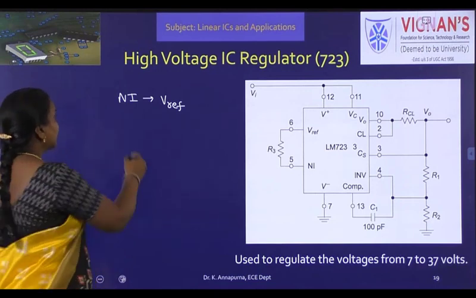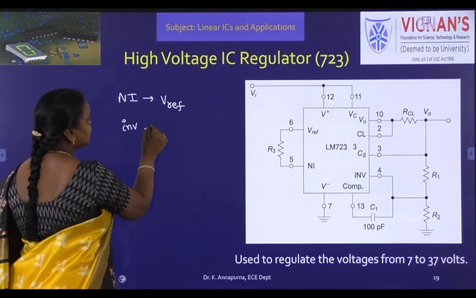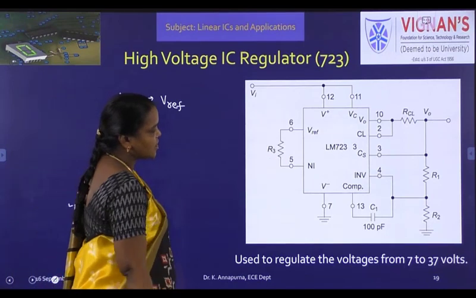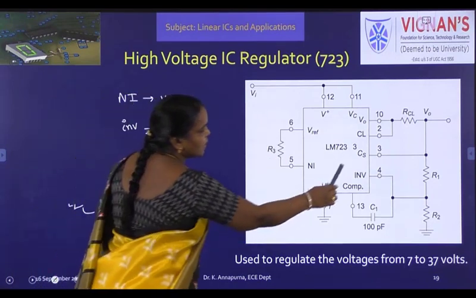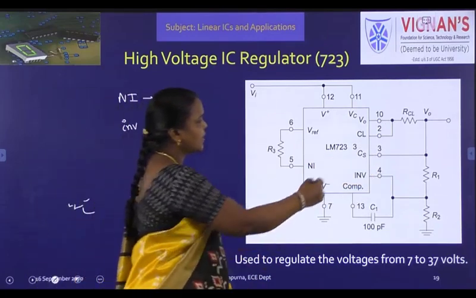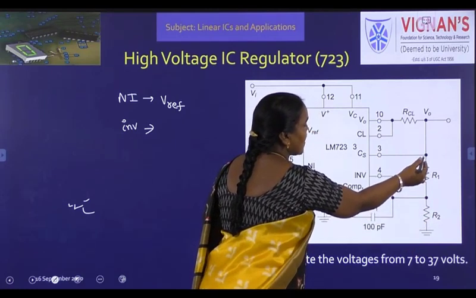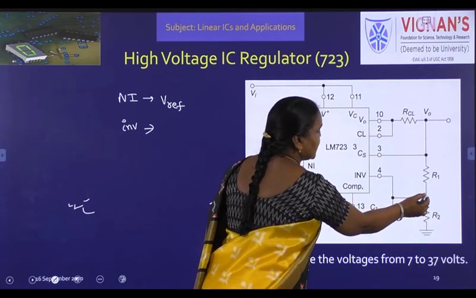Okay, and inverting. So the inverting pin is supplied with what voltage? See here, it is part of V0. So here from V0 there is a potential divider, and we are applying from here.